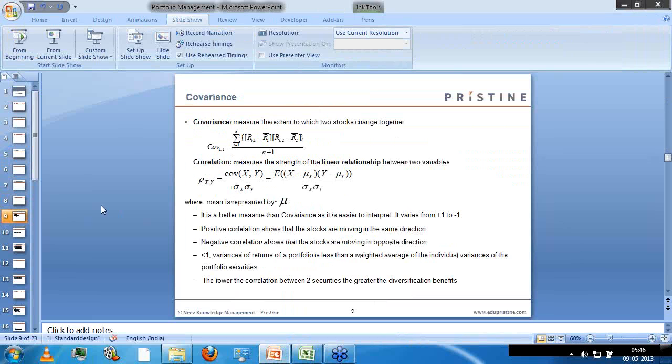By that we mean how the movement in asset A and the movement in asset B are related. Suppose that you have invested in stocks of Google and you have invested in stocks of Microsoft.